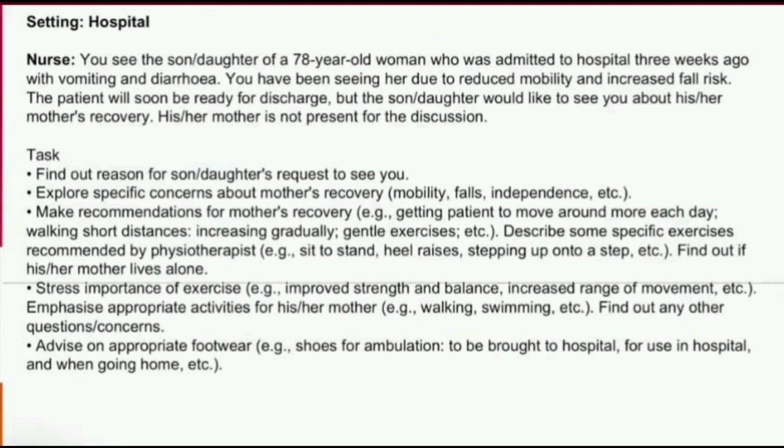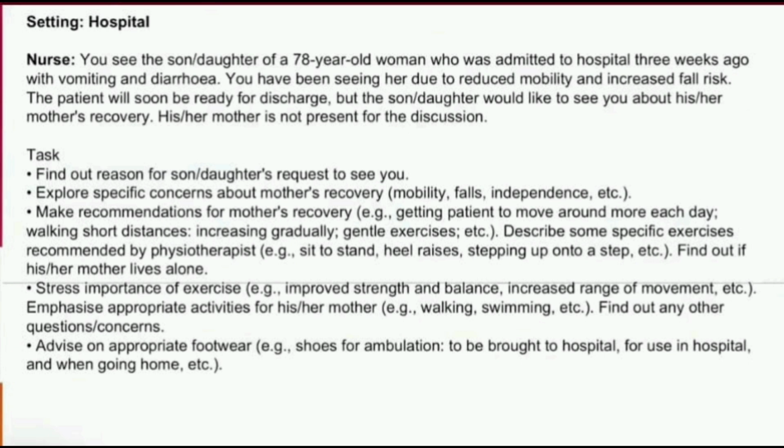So we can say, Mr. Elizabeth, let me tell you some recommendations for your mother's recovery. First of all, you have to get your mother to move around daily.